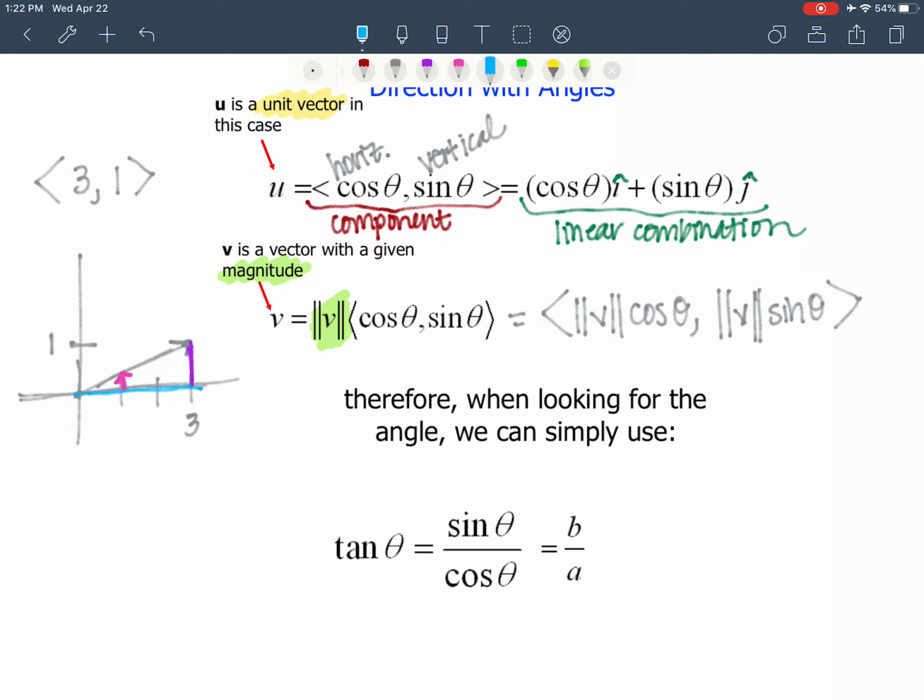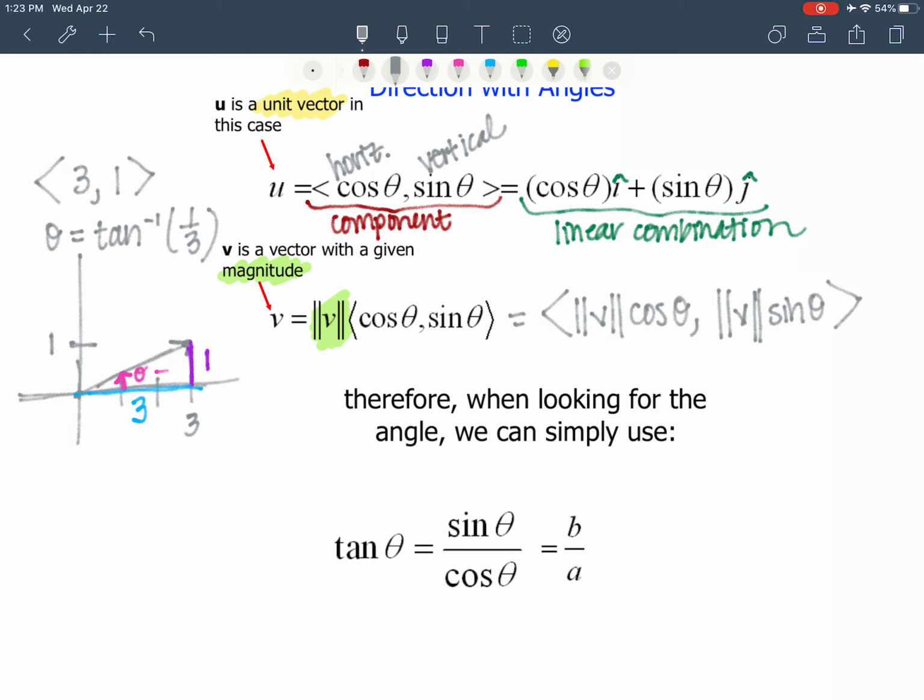So I've got my right triangle. I know the opposite side is 1. I know the adjacent side is 3. And I'm looking for theta. So opposite over adjacent, that's going to be 1 over 3. So theta is equal to the inverse tangent of 1 over 3, because when you put your ratio in, you're talking about the inverse function.